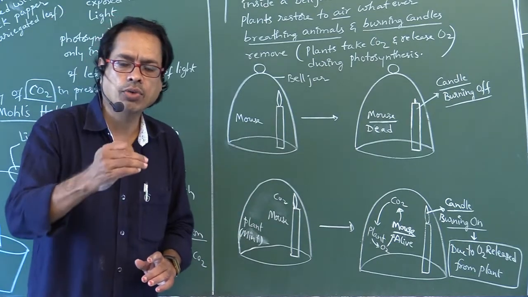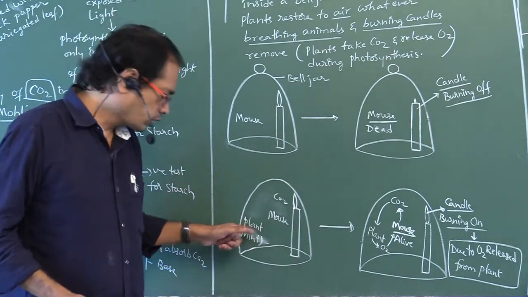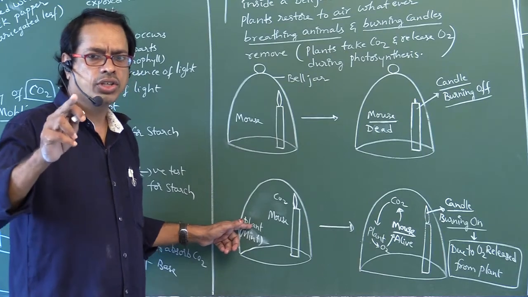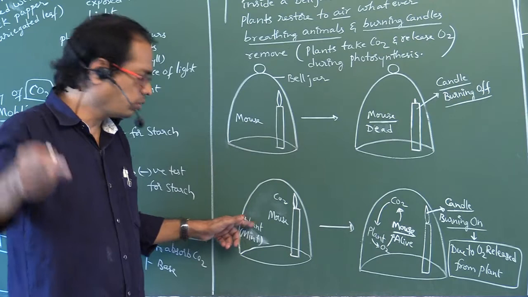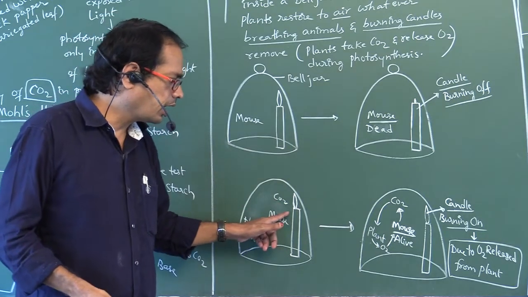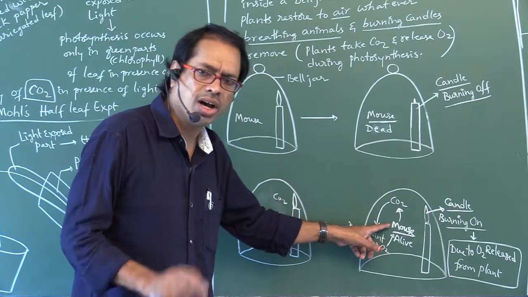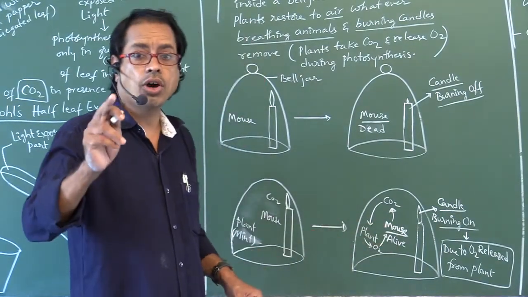If there is a plant, photosynthesis occurs. Photosynthesis occurring means release of O2. Because of the presence of O2, the candle kept burning. The mouse was still alive due to the presence of oxygen.